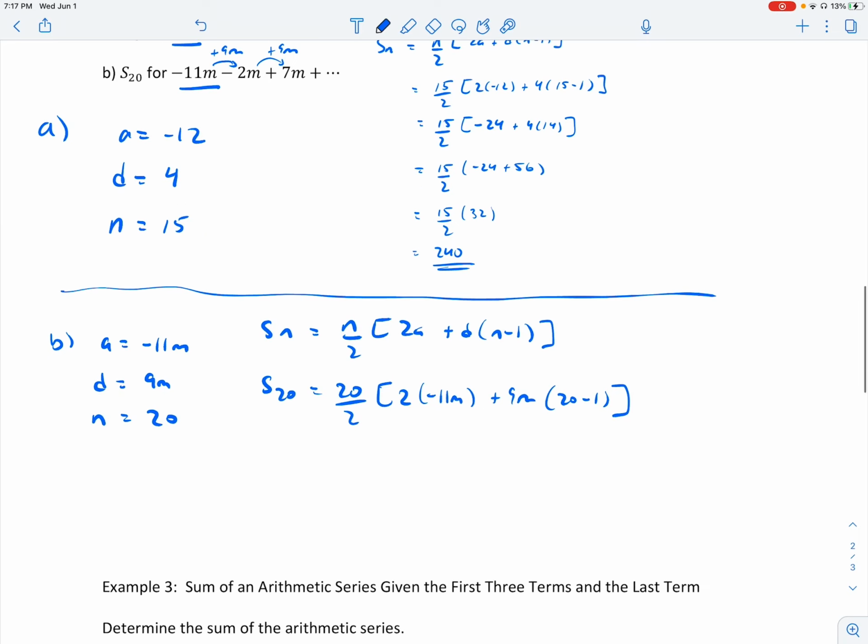I just filled everything into the formula. 20 over 2 is 10, and then we'll have negative 22m there. And then 20 minus 1 is 19. So 10 times negative 22m plus 9m times 19, which I believe is 171. Yeah, it's 171.